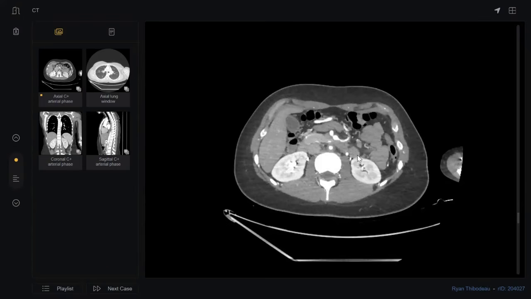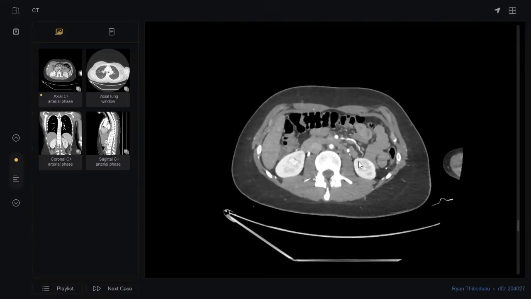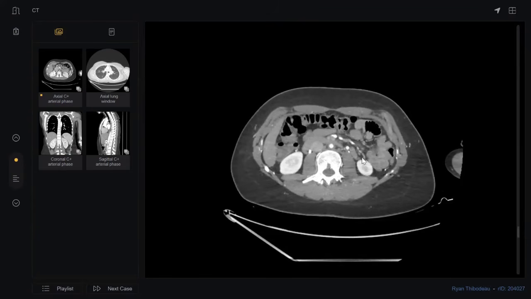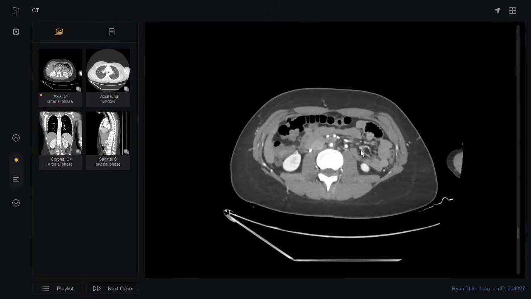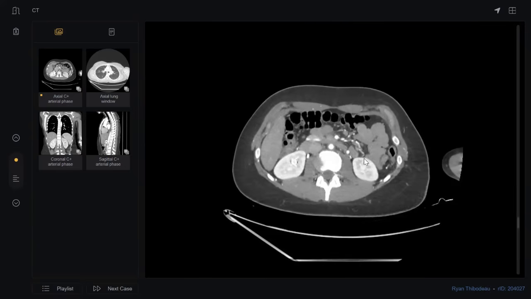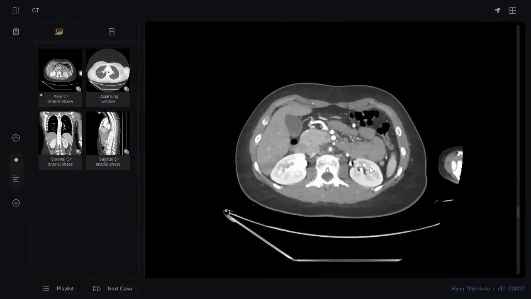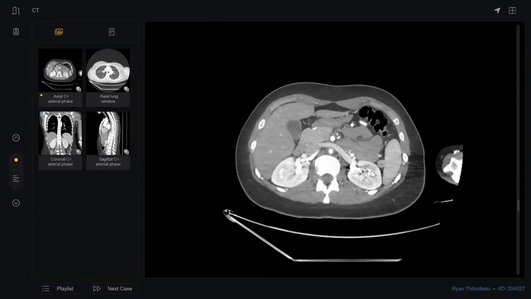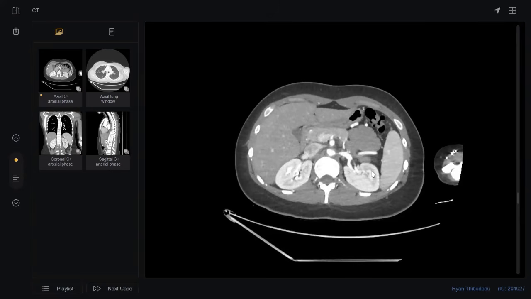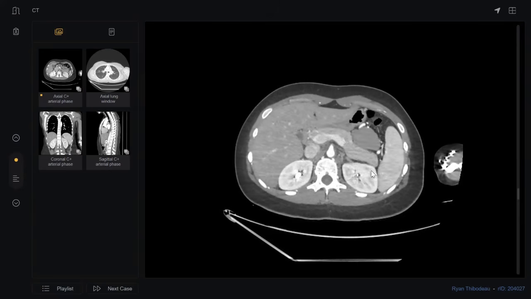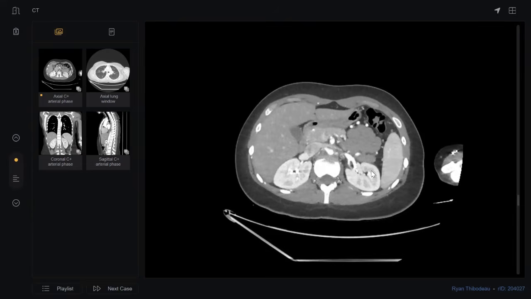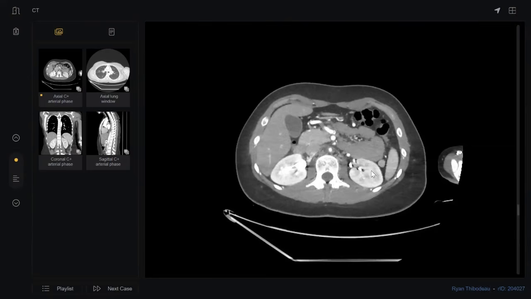So for this, I'm trying to look for involvement of the renal arteries to exclude other types of vasculitis, such as polyarteritis nodosa. Both renal arteries appear normal, and there is no soft tissue thickening along them.